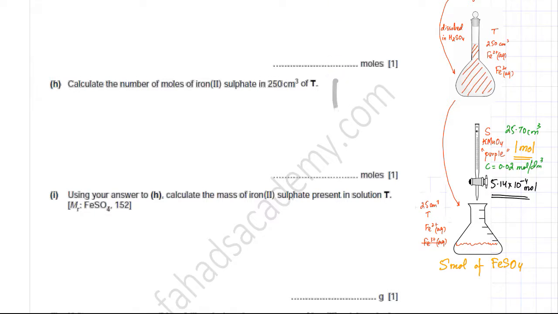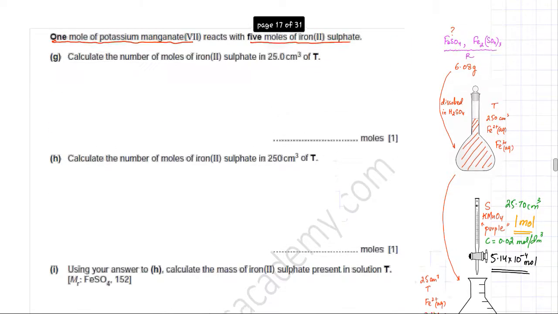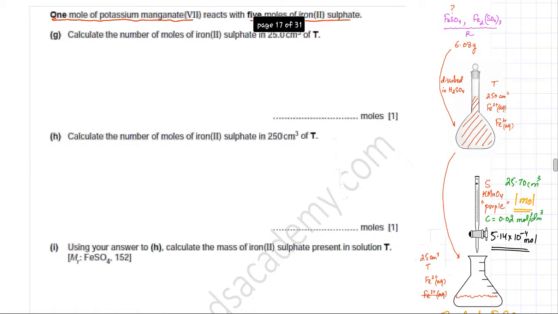So using simple ratios, I'm going to try and solve this question now. Let's use the ratios over here. It would be better if we just write the entire thing, which is FeSO4 ratio KMnO4, and he said that 1 mole reacts with 5 moles.